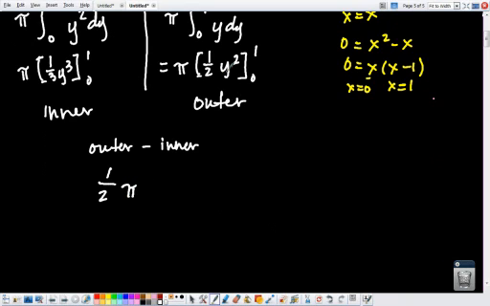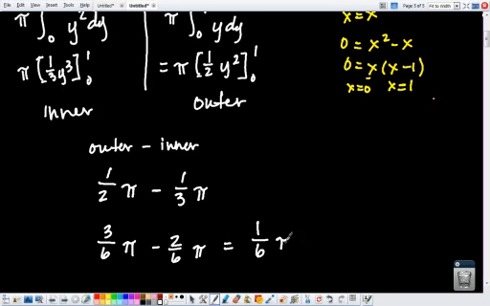I put 1 in, minus, and I put 1 in for y here, and we get 1/3 pi. If we get a common denominator, we end up with 3/6 pi minus 2/6 pi, which means that our volume is 1/6 pi.